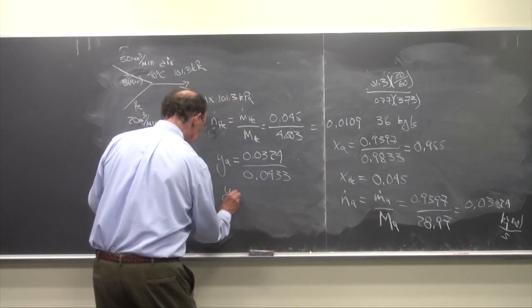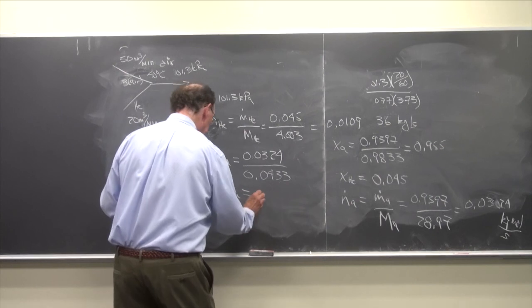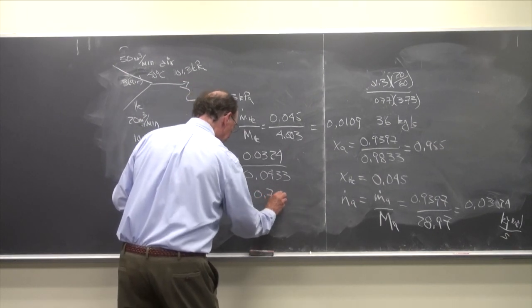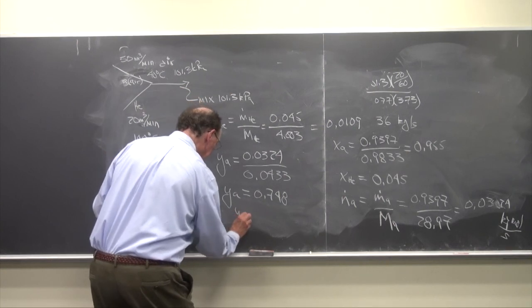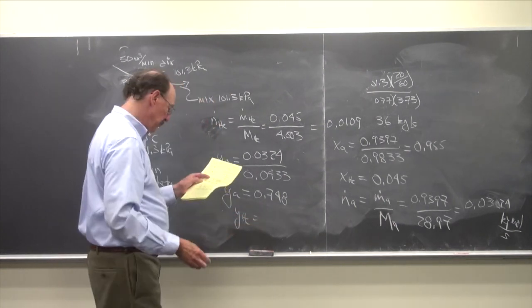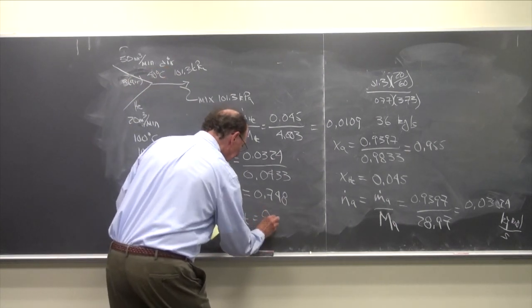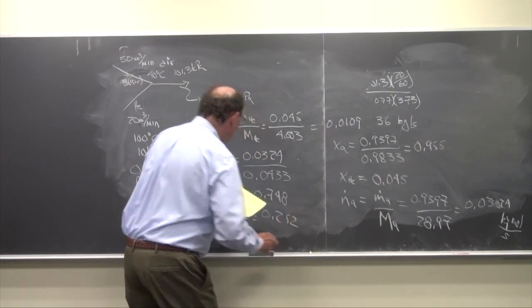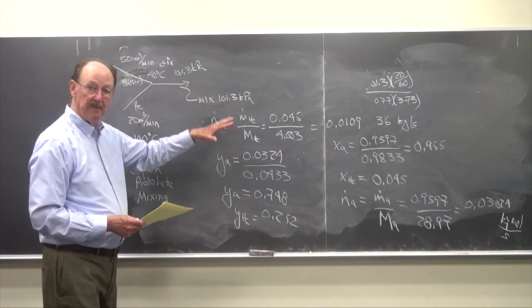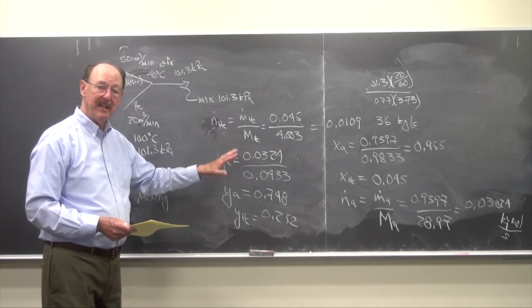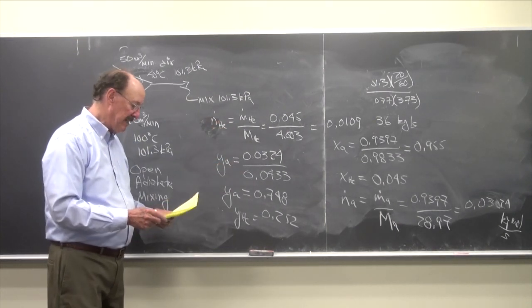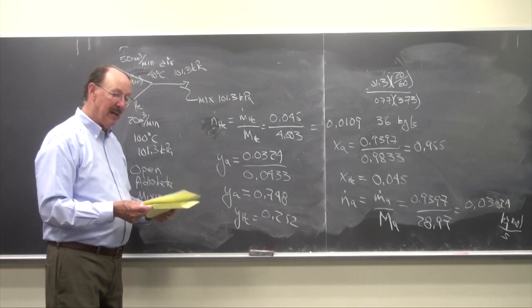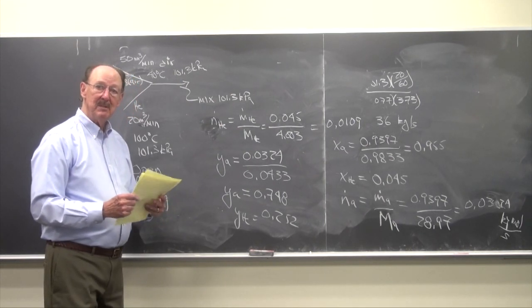So Y A is equal to 0.748, and therefore Y helium is the difference between that and 1, 0.251. So the first thing we found was Y A, which we wanted to find as one of the things we needed. And now we want to find the mixture temperature.